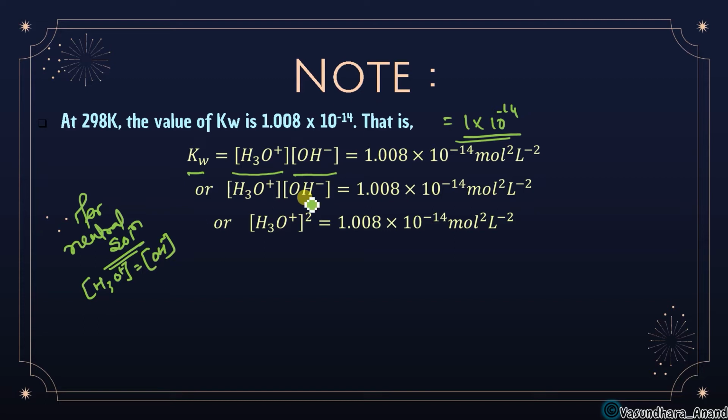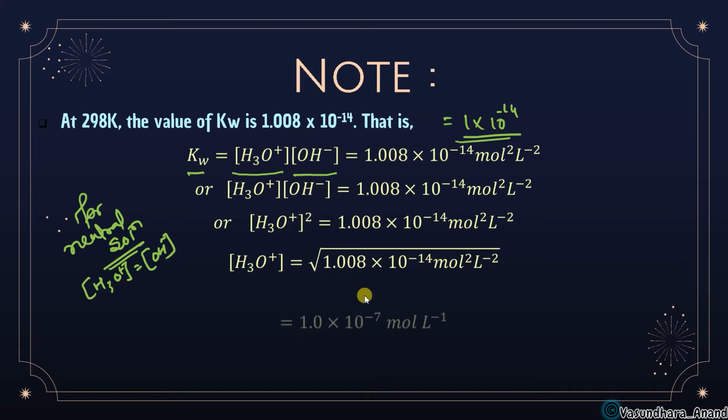So can I replace OH minus by H3O plus? Then I can write H3O plus whole square equal to this. To get the concentration of H3O plus, I have to take the square root, and that will give you 1 into 10 to the power minus 7 mole per liter.